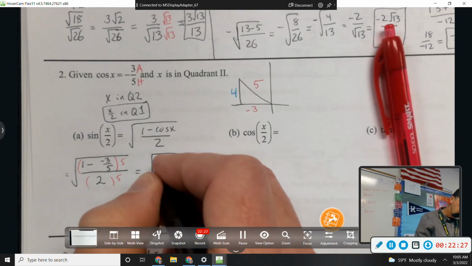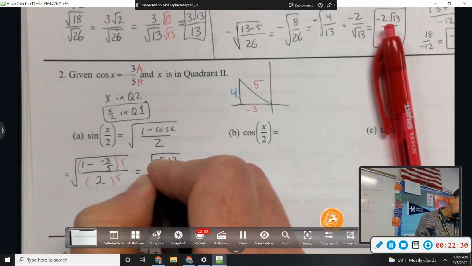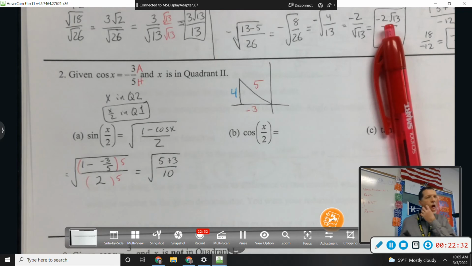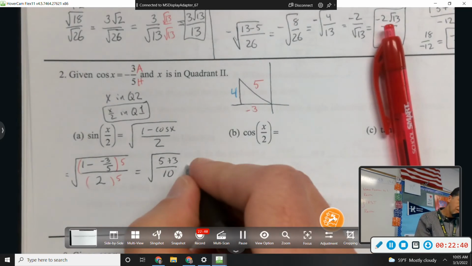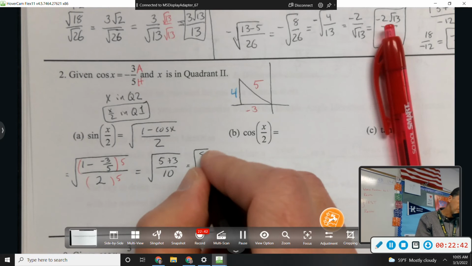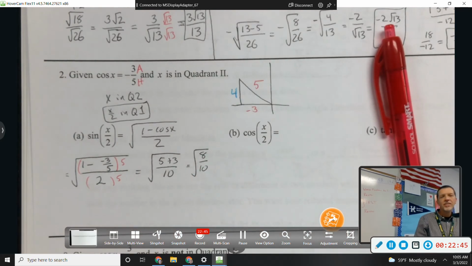So that would be 5 plus 3 all over 10. See how many algebra steps we can do at once? One algebra step at once. 8 over 10. What's 8 over 10 reduced to?